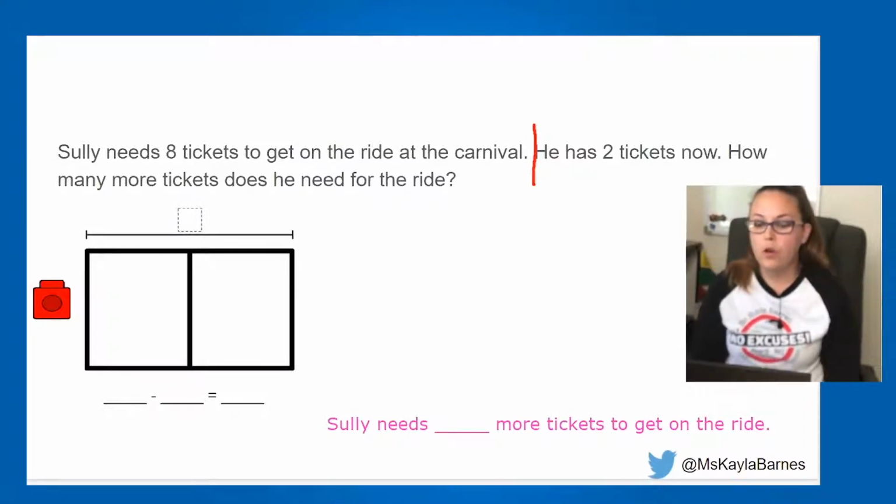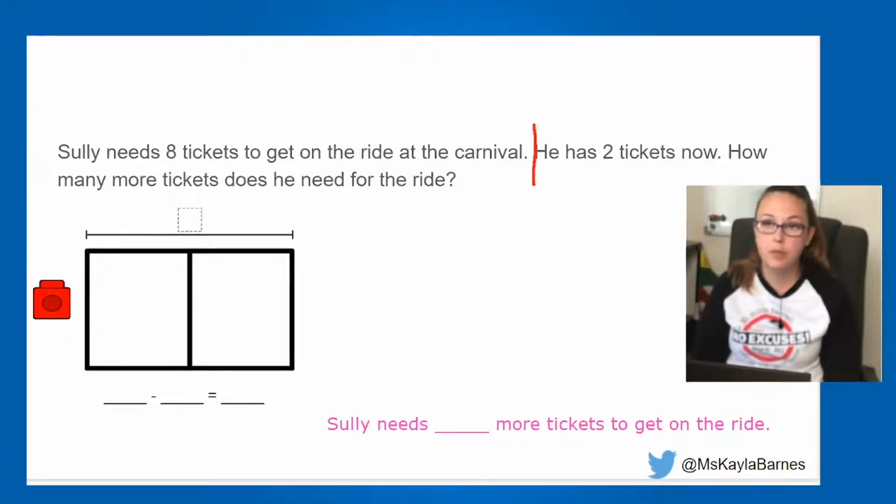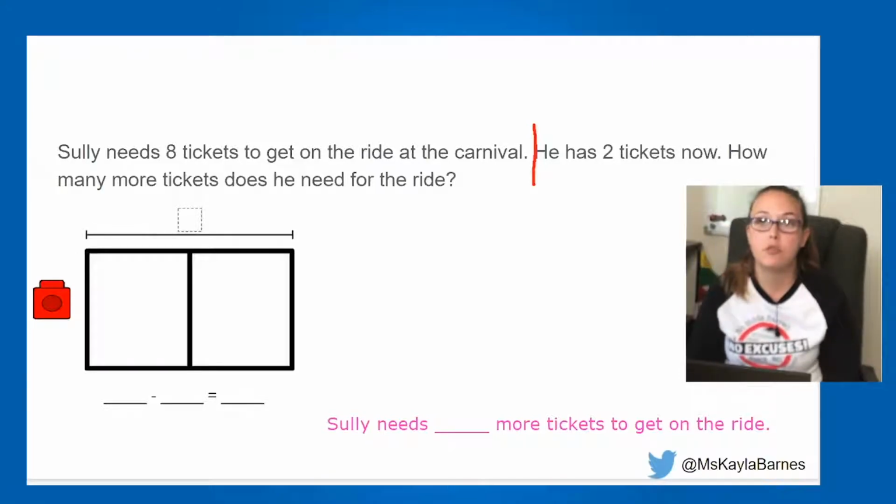So we know that in a number sentence, there are at least 3 numbers. In our case, there will be 3 numbers. We'll have 2 add-ins and a sum, or we will have 3 numbers that we put into a subtraction problem.